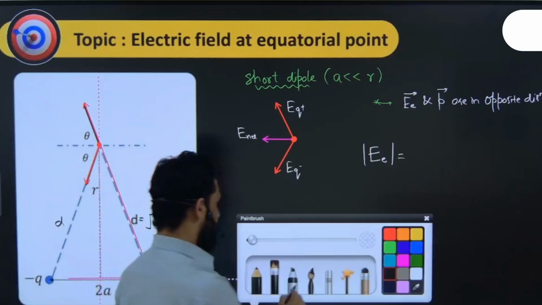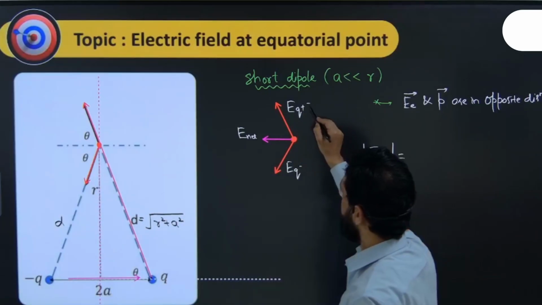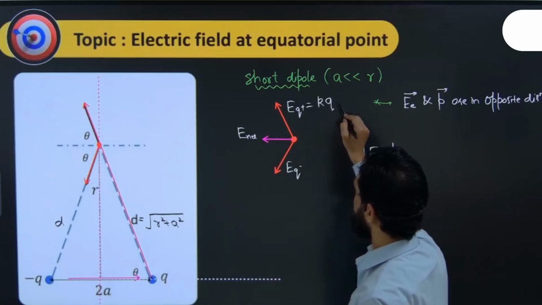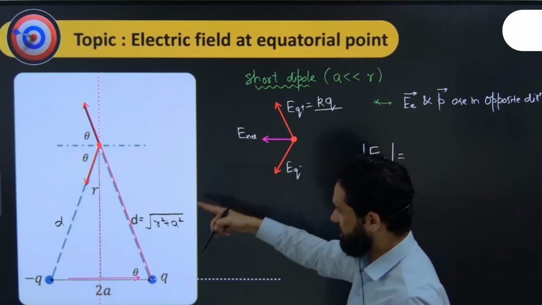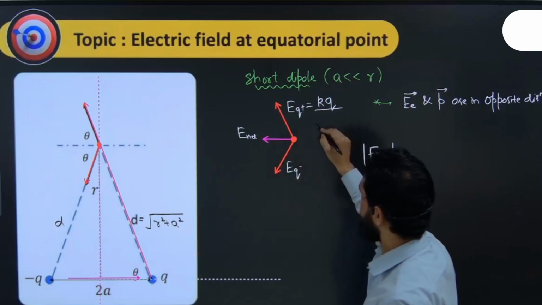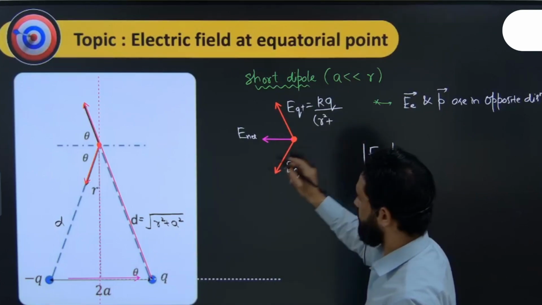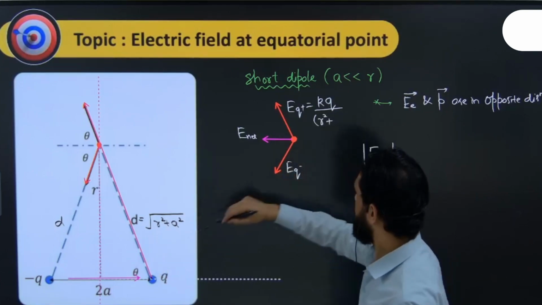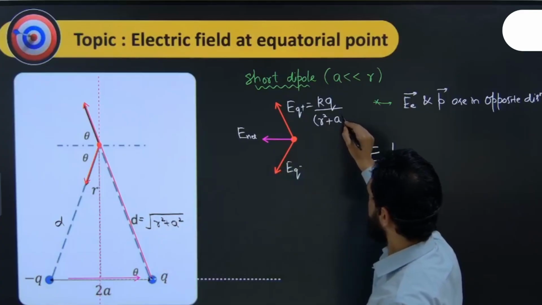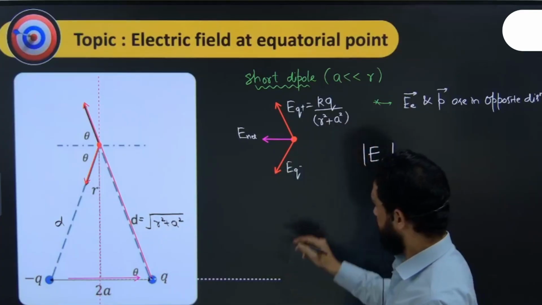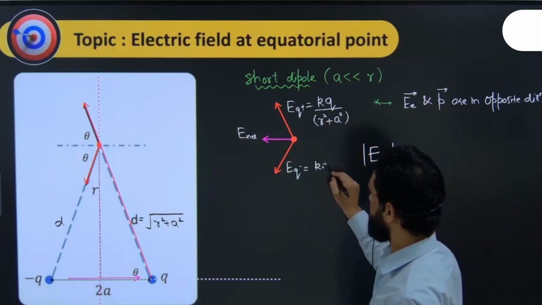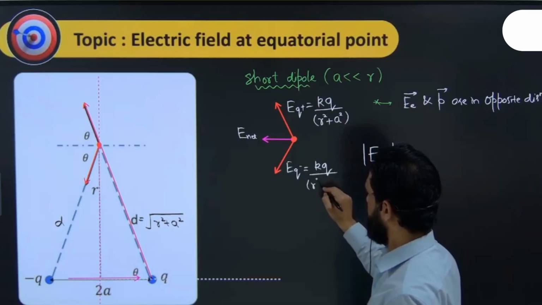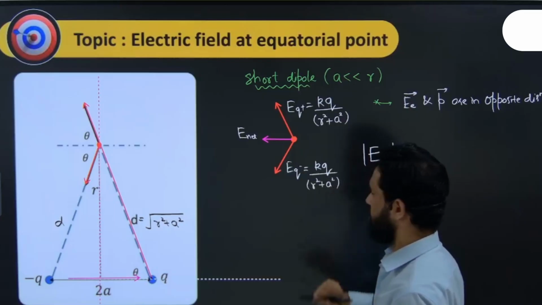So the positive part of this electric field can be written as k into charge upon distance square, so that means d square, which is the square of root of r square plus a square, so it is r square plus a square. Now here also it is the same magnitude, kq upon r square plus a square, right?